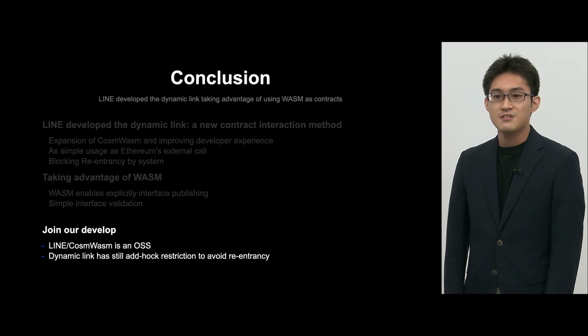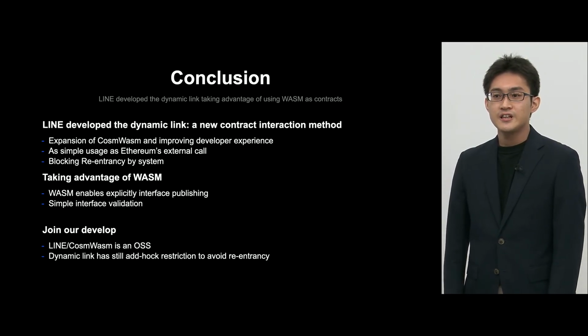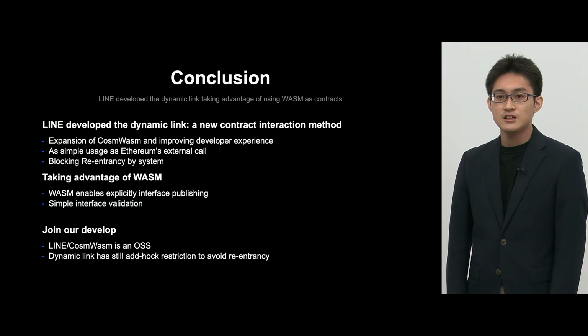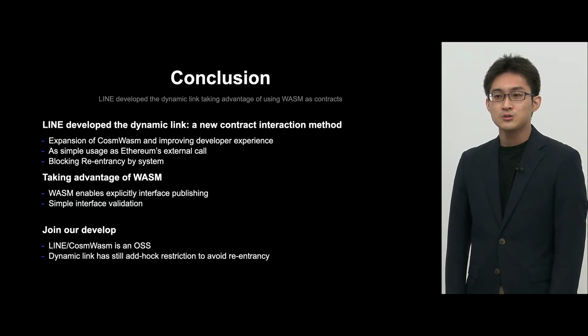We are happy if you cooperate with us, and just looking at it or trying it will give us a lot of power. So please check our Line organization GitHub. And with that, I'd like to end my presentation on the dynamic link using WASM.